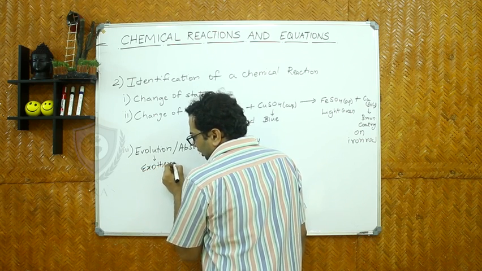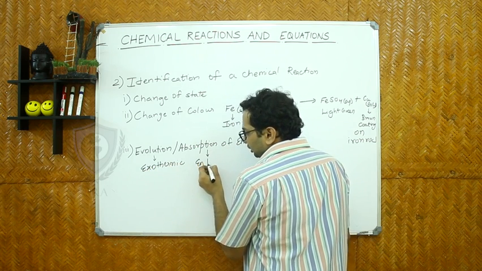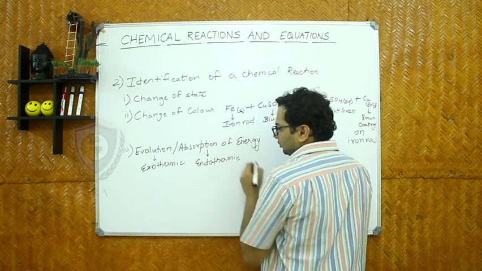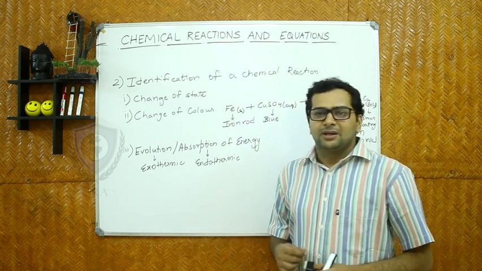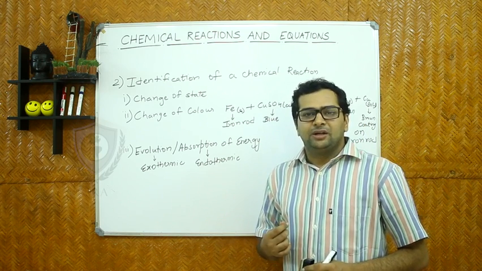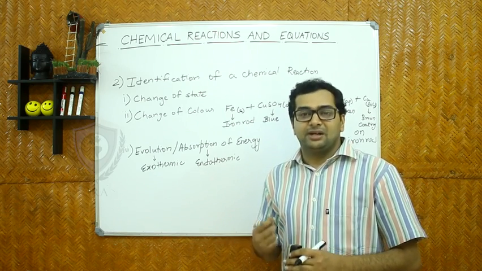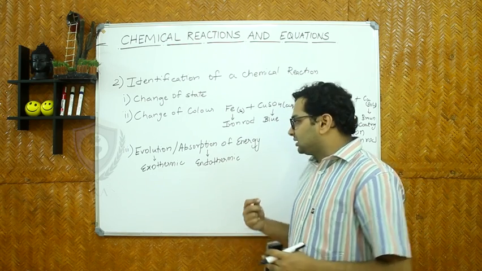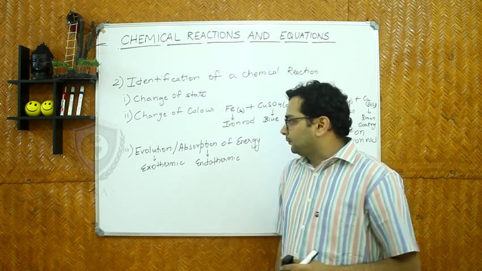Evolution is called exothermic reaction and absorption of energy is called endothermic reaction. We'll talk about this in a little bit more detail. Whenever a chemical reaction happens, there is a high possibility of it either requiring energy for the chemical reaction to happen, or at the end of the day when the chemical reaction is done, we will have energy produced. So this is called exothermic and the other one is called endothermic.